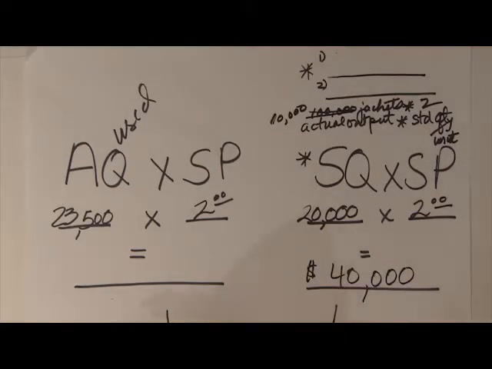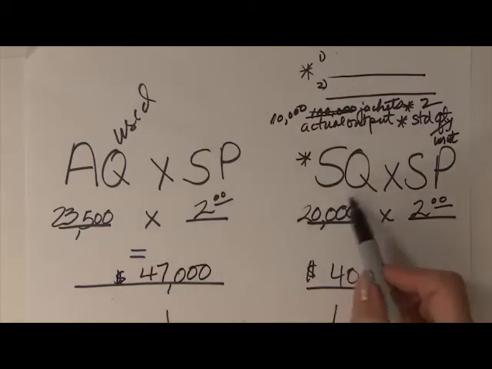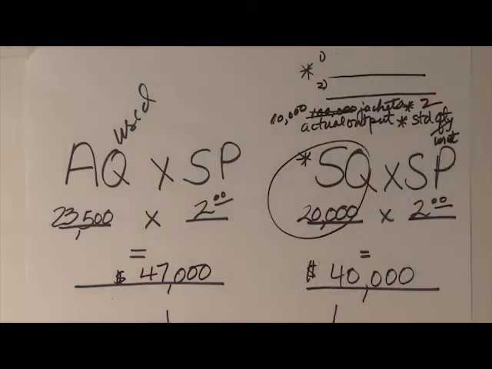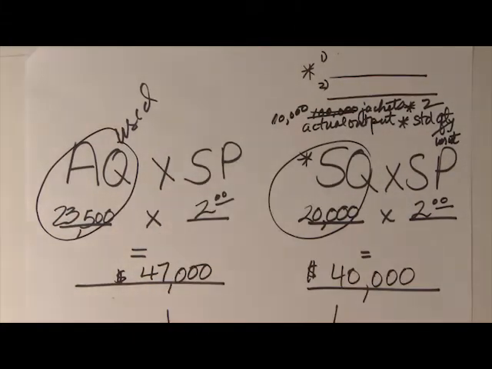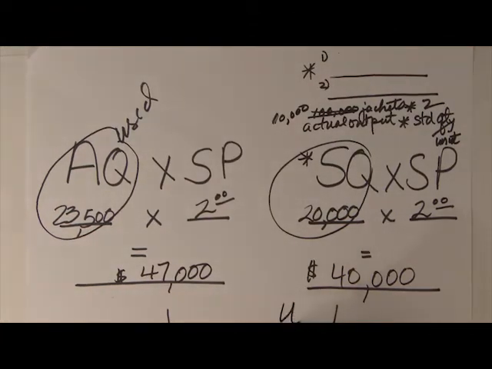And over here we are going to get 47,000, and we're looking at the amount of yards we should have used compared to what we really used. And of course, this is going to be unfavorable, and the amount will be $7,000 unfavorable.